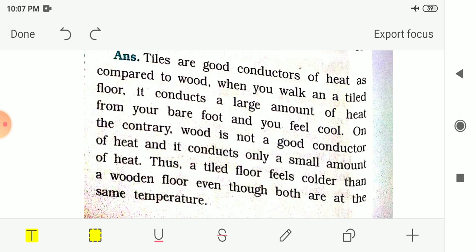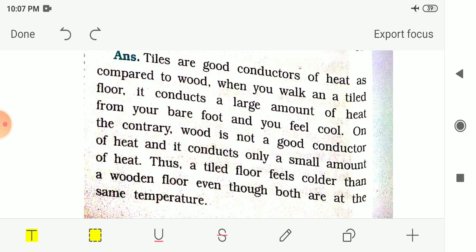It will conduct, or transfer, the heat from your foot to the atmosphere or to other objects, and you will feel cool. On the contrary, wood is not a good conductor of heat and it conducts only a small amount of heat. So a tile floor feels colder than the wooden floor, even though both are at the same temperature.